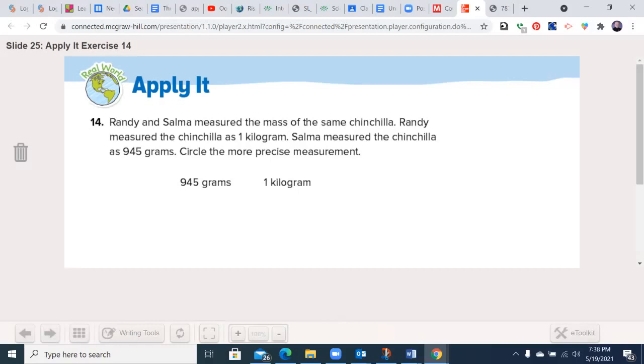I'll give you 10 seconds. And your answer? The grams. Remember, smaller units tend to be considered more precise. Because a kilogram's like yay big, a gram is like that big, a thousandth of the size.